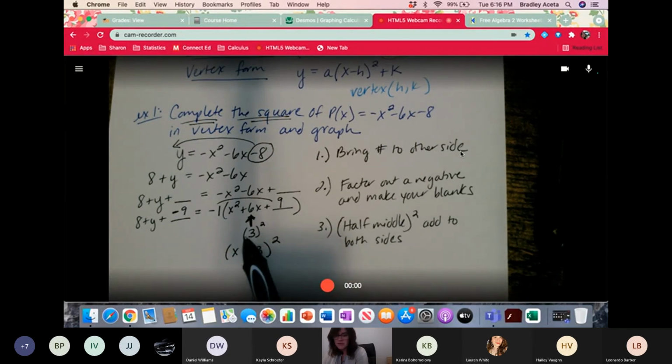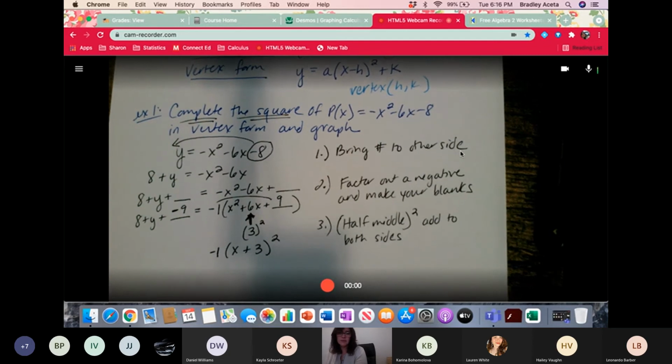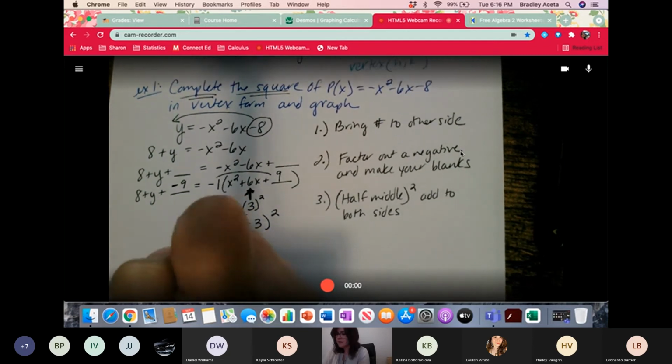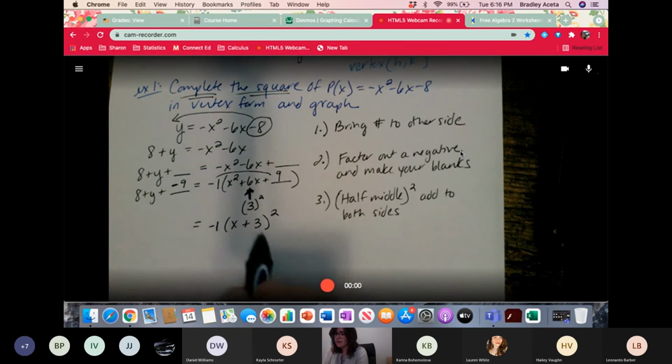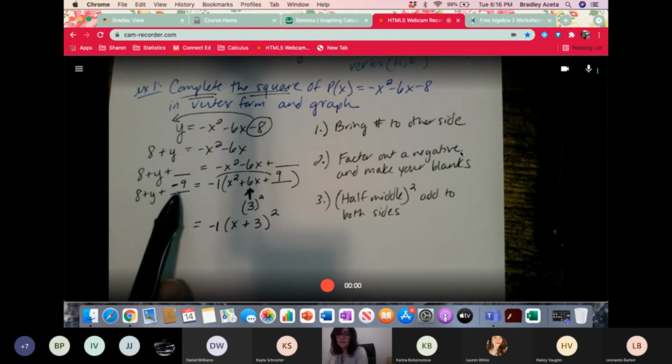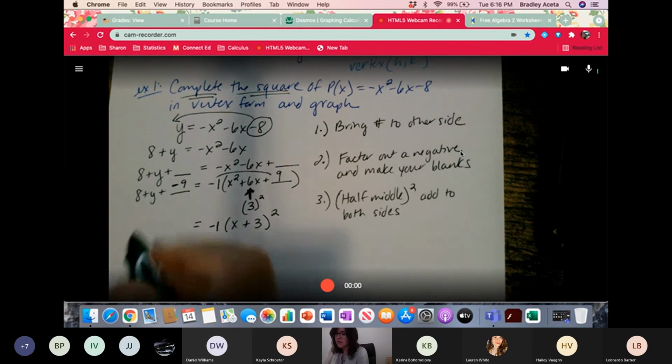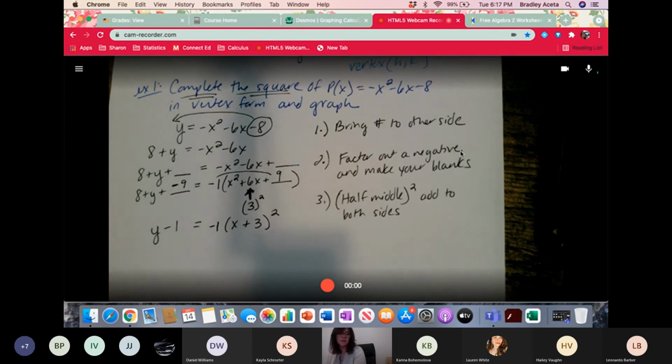Hint, hint: it's always going to be whatever you took half of. That -1 stays out here. So all I'm doing is cleaning up. That's the right-hand side. On the left-hand side, I can combine the 8 and the -9. 8 and -9 make -1. So I'm going to have y minus 1 on this side.